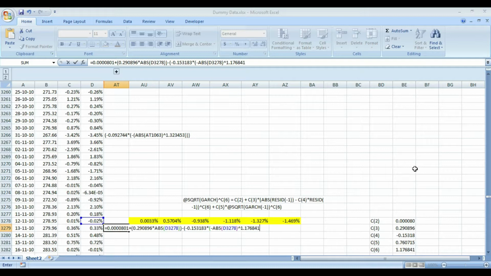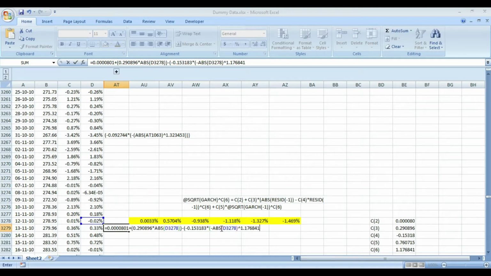So why did I do this, guys? Because if I hadn't put an absolute outside and directly applied this power formula on my residual n minus 1, this would have given me a num value error.